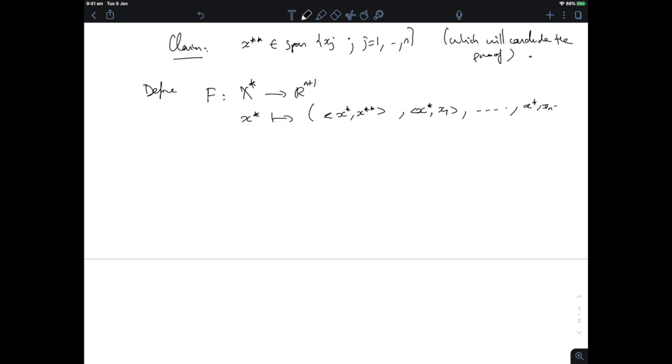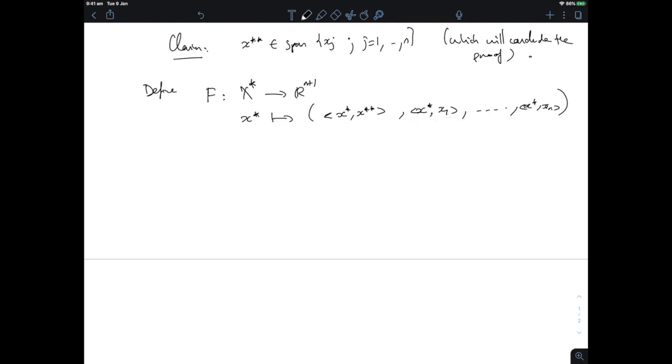Right? So you have to interpret all of that appropriately, of course. This is using the pairing of x star with x double star, and this is using the pairing of x star with x, which you can then also identify with a pairing of x double star with x star by identifying this xj with an element of x double star, right? That acts on x star exactly in this way.